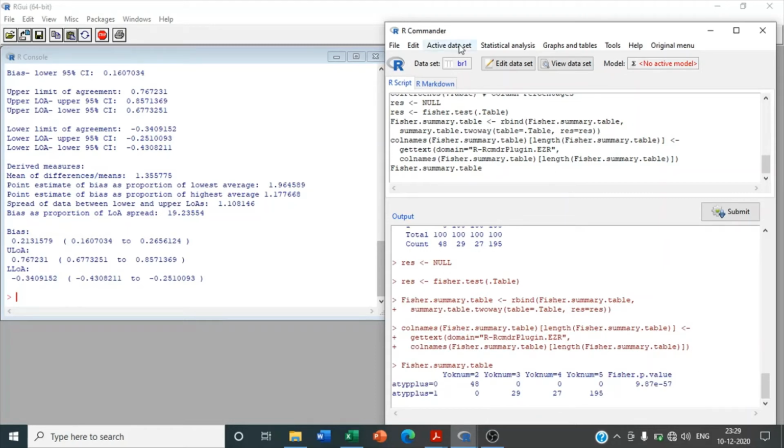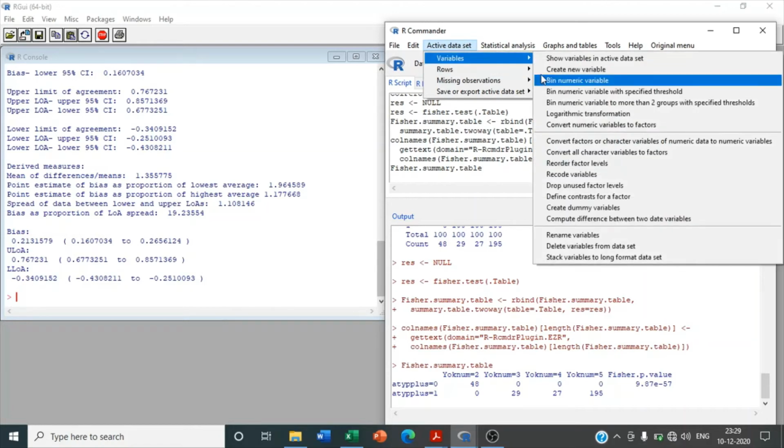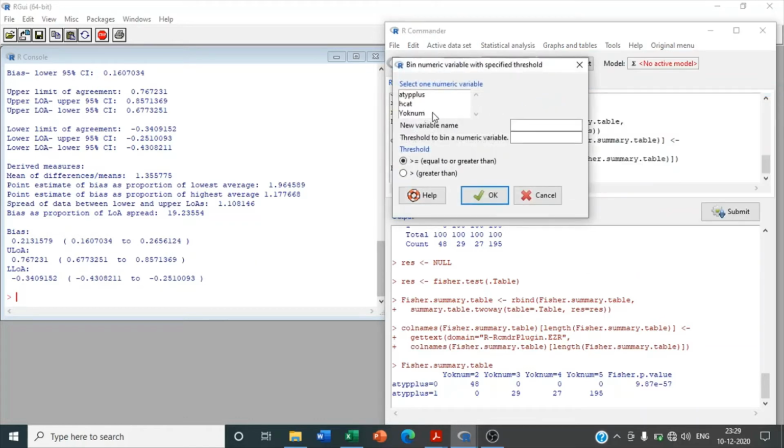Another thing we can do is subset it by taking the threshold of suspicious as malignant. So let us bin numeric variable with the threshold Yochnam equal to or greater than 4, that is suspicious, we are only treating as malignant. Let us make it sus plus, that is suspicious plus.